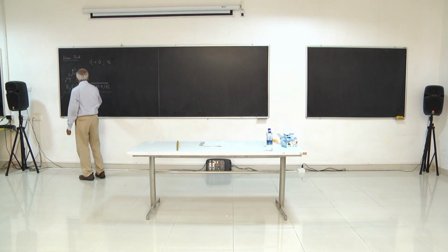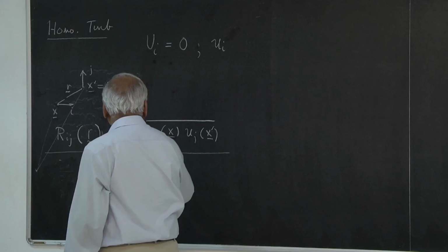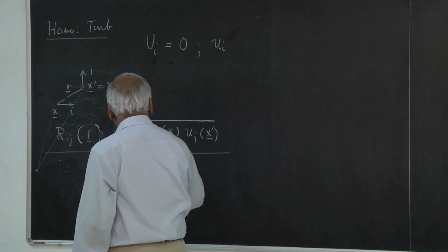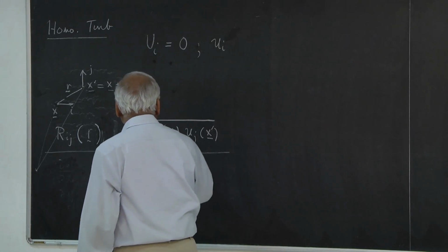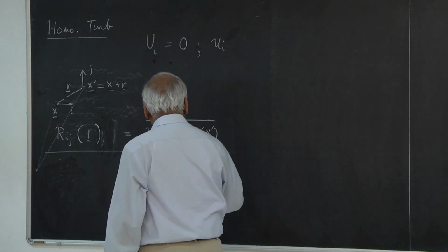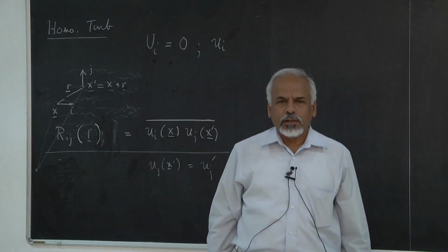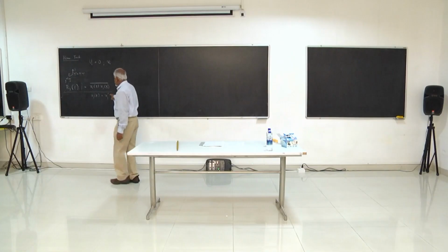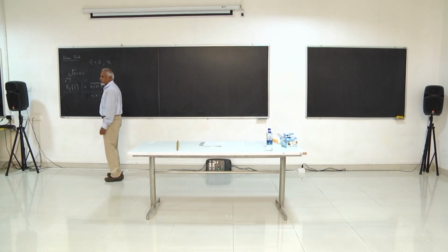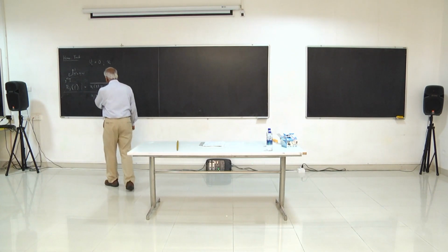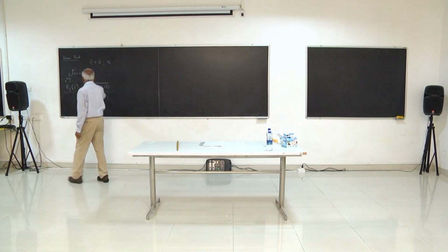And sometimes it is convenient to call uj at x prime as uj prime, just so I don't have to write the argument all the time, but you shouldn't think that this is a fluctuation and this is a total quantity and things like that. Is that clear? So that's what I will do. And I want to derive the equation for this.